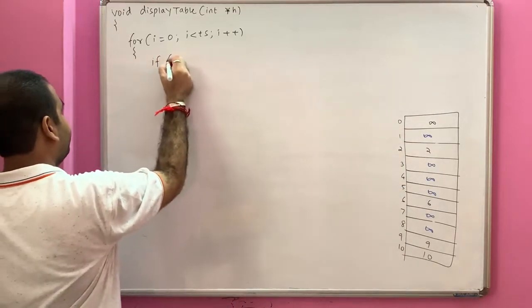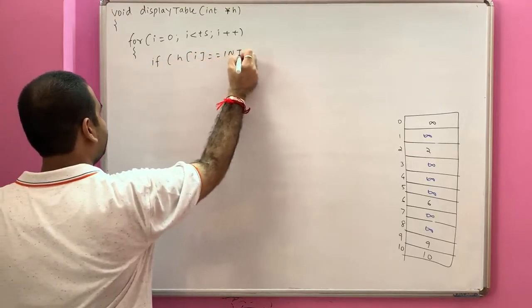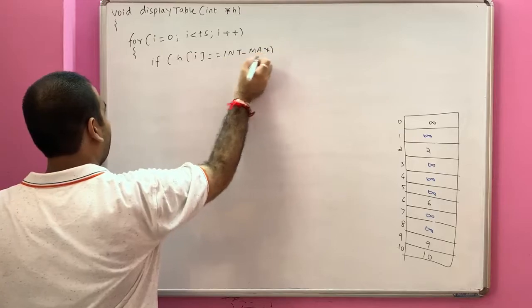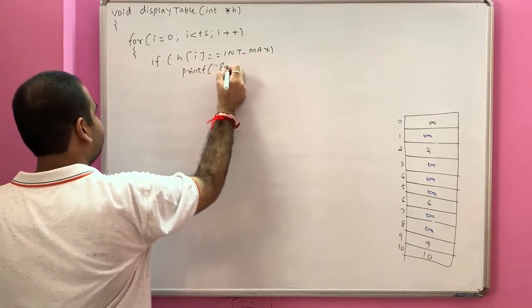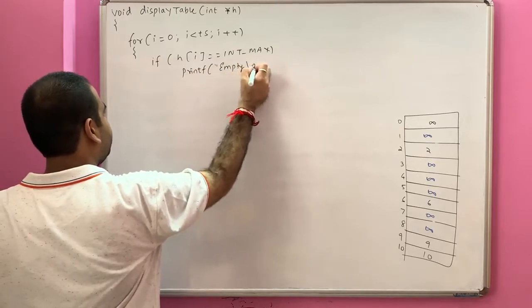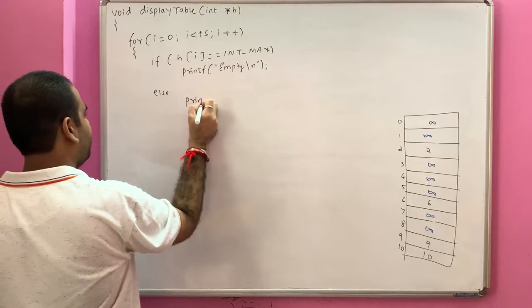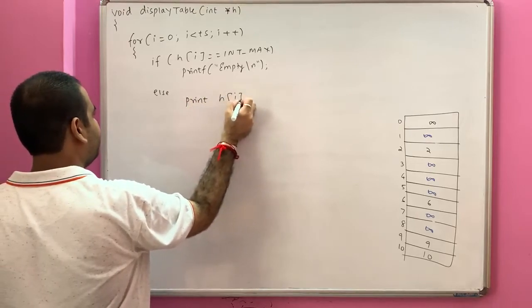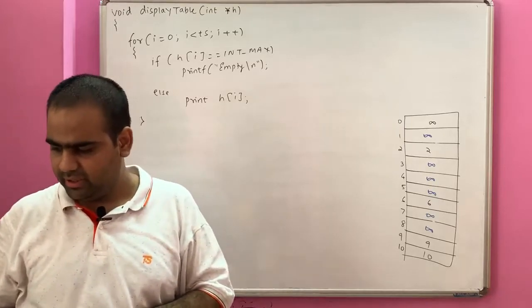Hence we say if h of i is equal to infinity, then it is an empty slot, and we say printf empty. If it is not infinity, you can say printf percentage d, h of i. This is a simple way you print the table.